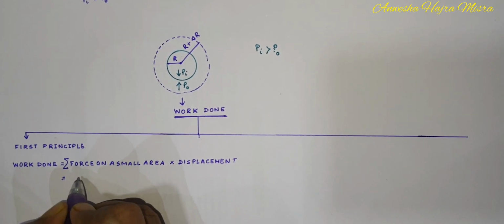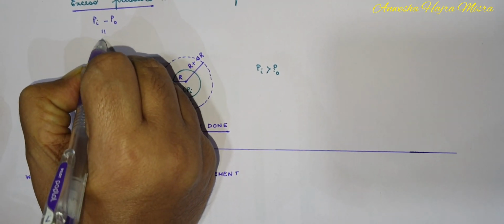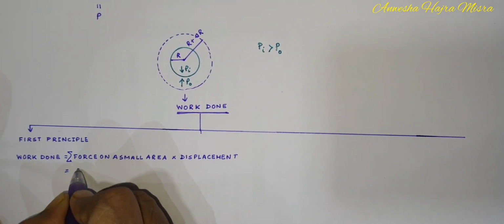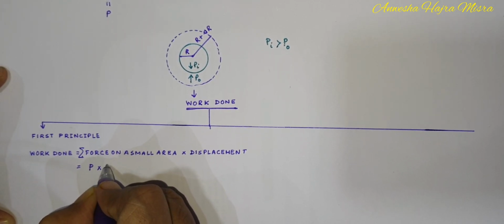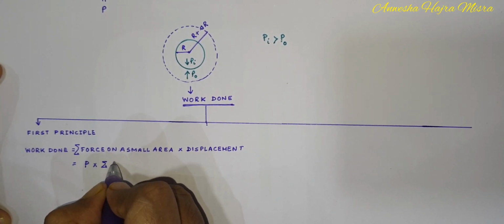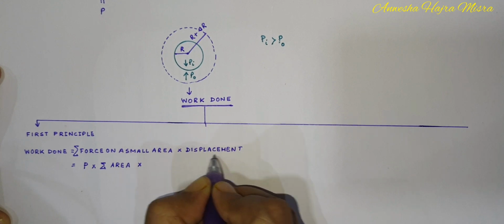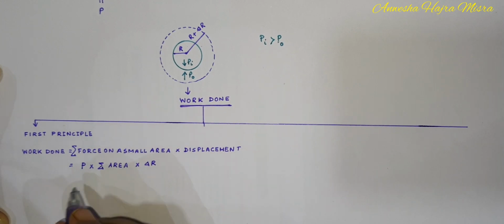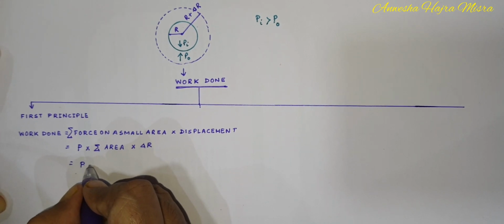Now what is force? Force is the excess pressure Pi minus P0. Let me write this as P. So force is pressure into summation of all the areas into displacement, which is delta R. P is actually the pressure difference.